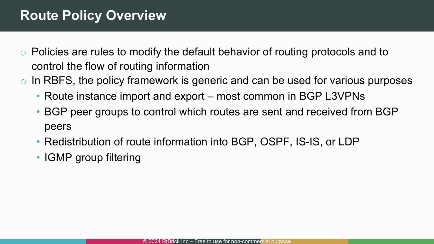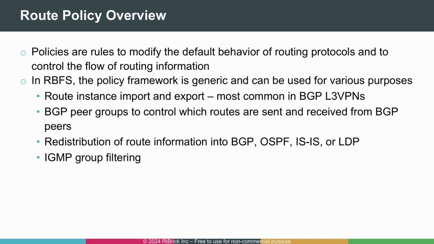RBFS provides a modular and extensible policy framework that can be applied across multiple routing scenarios. Policies govern the import and export of routes between routing instances, ensuring VPN route segregation and correct redistribution. This is mainly used in BGP MPLS L3 VPN implementations. Policies determine which prefixes are accepted from or advertised to BGP neighbors.